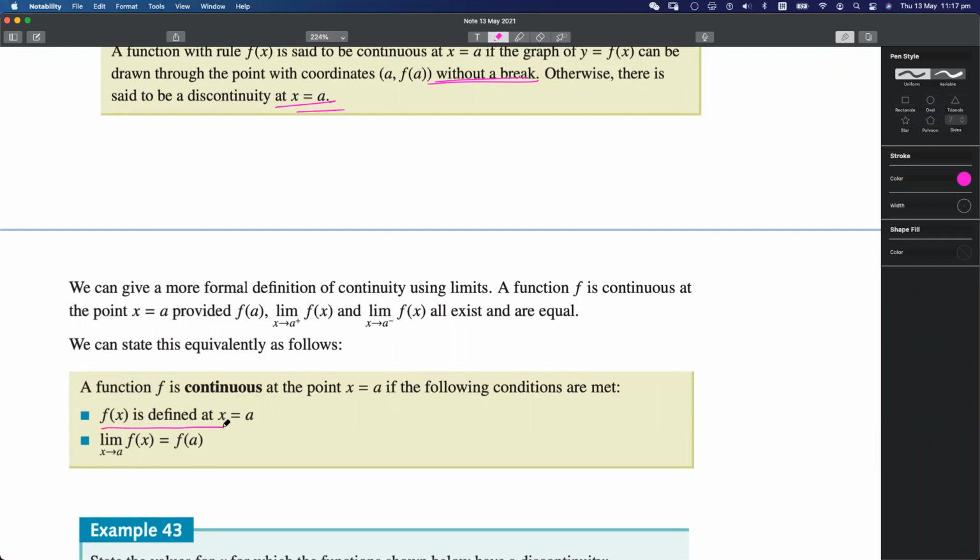First, f of x is defined at x is equal to a. And second, limit x goes to a, f of x is equal to f of a. In other words, alternatively, limit x goes to a negative, f of x is going to be the same as limit x goes to a positive, f of x, which is f of a.